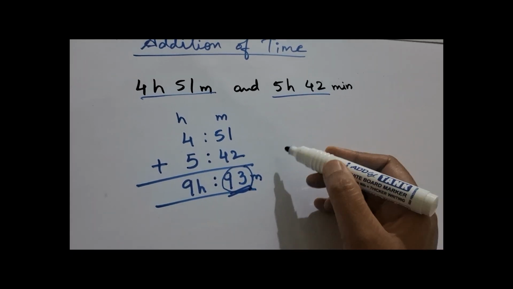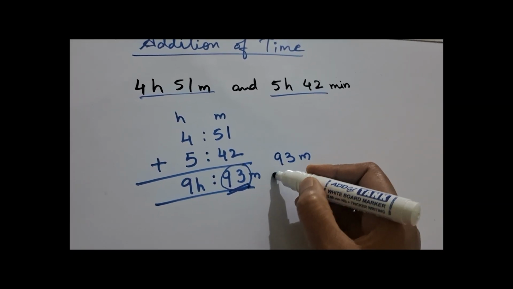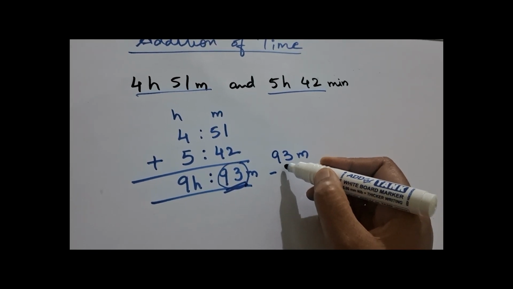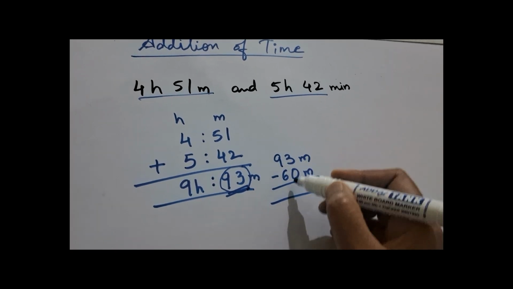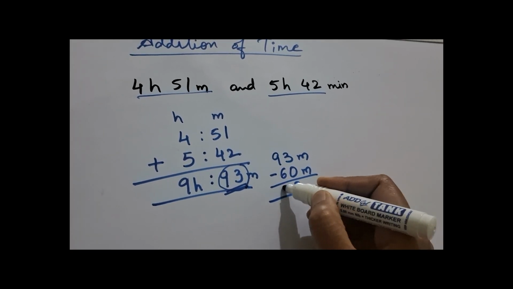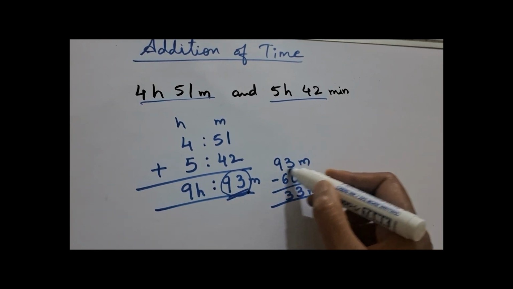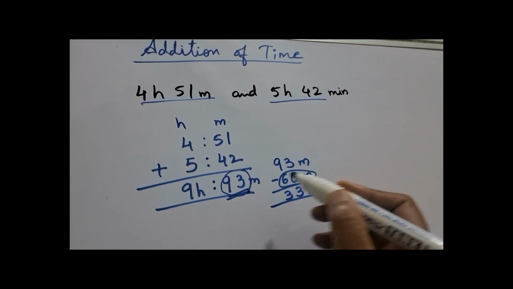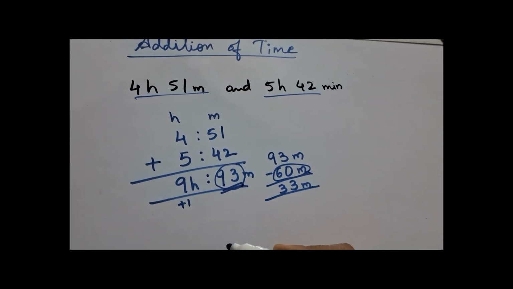the hours place. Okay children, so here 93 minutes subtracted by 60 minutes, that is 1 hour. Then how much will we get? We will get 33 minutes. Okay, now this 1 hour, 60 minutes, is shifted to hours place as carry.